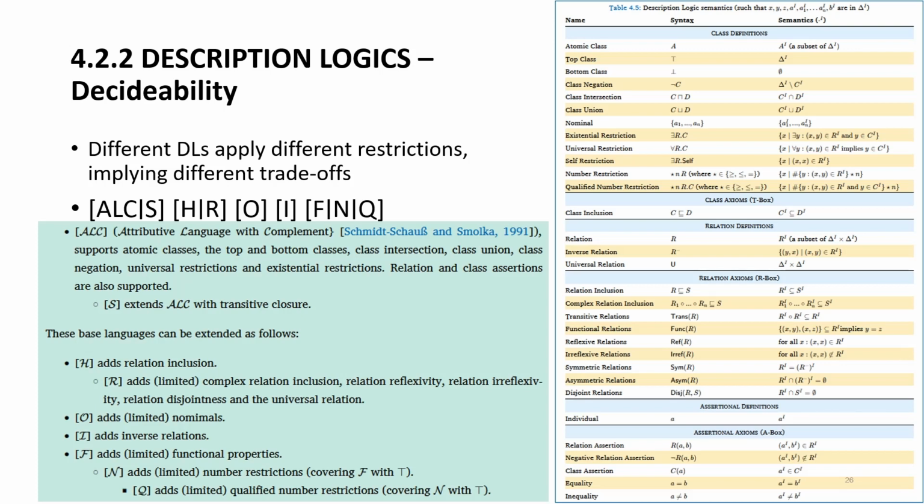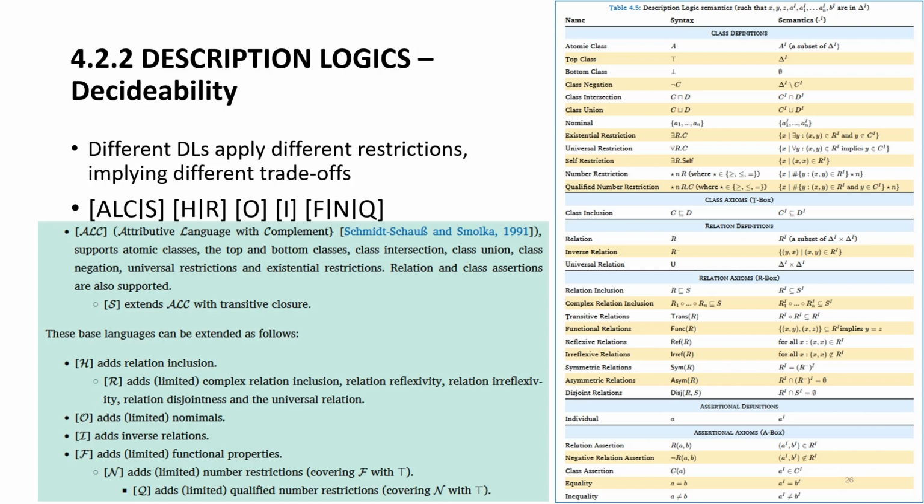Those are the restrictions defined in the book. The ALC, for example, supports atomic classes, the top and bottom classes, class intersection, union, negation, universal restrictions, existential restrictions, and so on. The S extends the ALC with transitive closure.